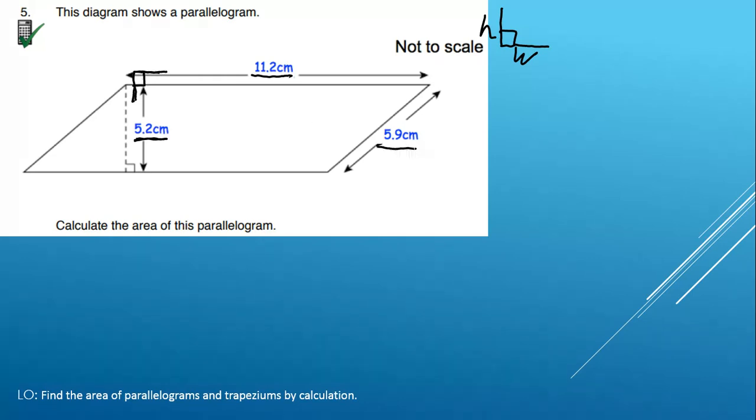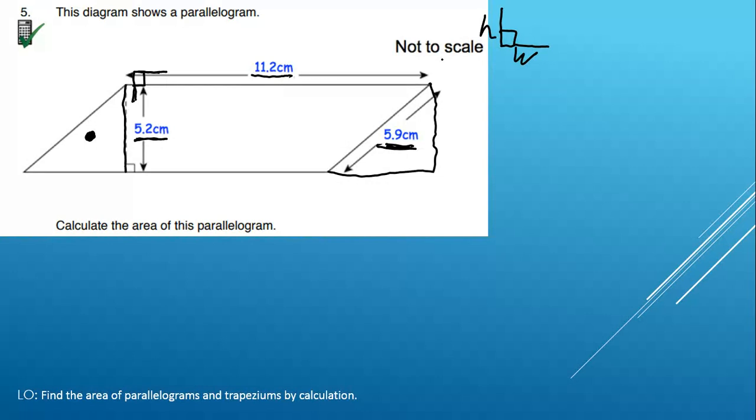This value here has been put there as a kind of trick. It wants to trick you. It wants you to do 11.2 times 5.9 or 5.2 times 5.9, whereas actually that value is irrelevant to us at the minute, because if we imagine that this triangle here gets moved over to here, that would create our new rectangle, wouldn't it?